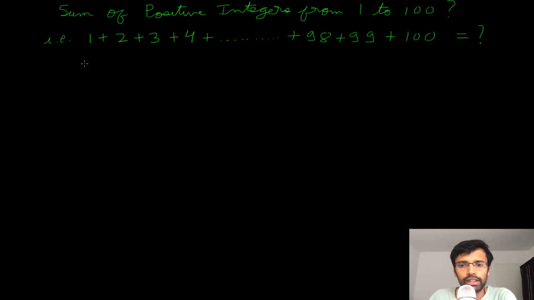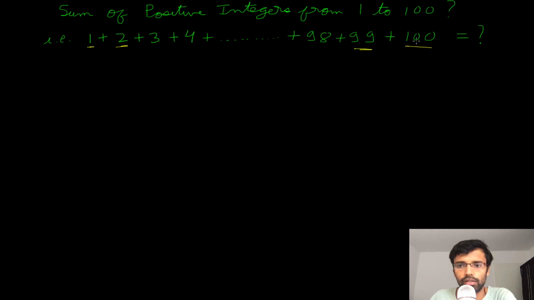So one thing that you could see here, if you give this a bit of time, is that if you see the first term and last term, 1 and 100, and add them up, 1 plus 100 gives you 101. Then you take the second term, 2, and the second last term, 99. Again, if you add 2 and 99, it gives you 101.